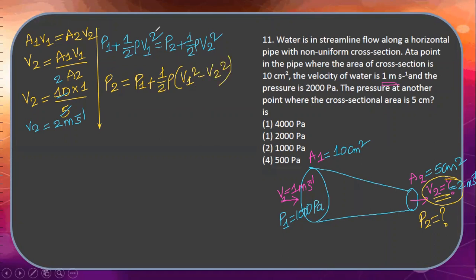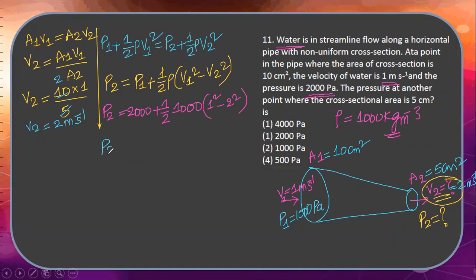On substituting this, P2 is equal to P1, which is 2000 pascals, plus 1/2 into rho. Density of the water, rho, is equal to 1000 kg per meter cube. V1 square is 1 square, V2 square is 2 square.